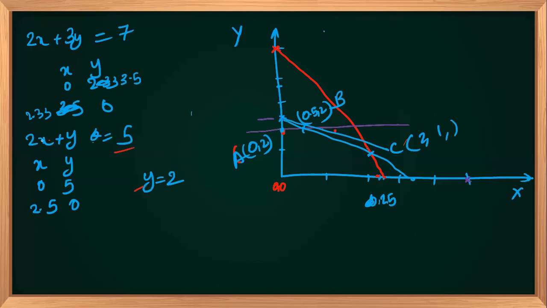When x equal to 0, y equal to 5, right? Oh, I have written this way. Okay, when x equal to 0, y equal to 5, and y equal to 0, x will be 2.5. So how much it will be? This point is 2.5, 0. Okay. So for functional evaluation we have to do.